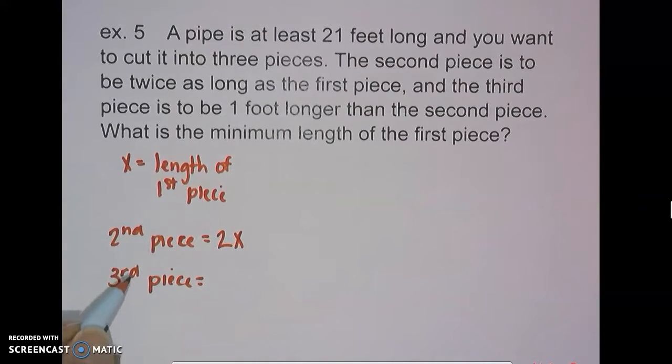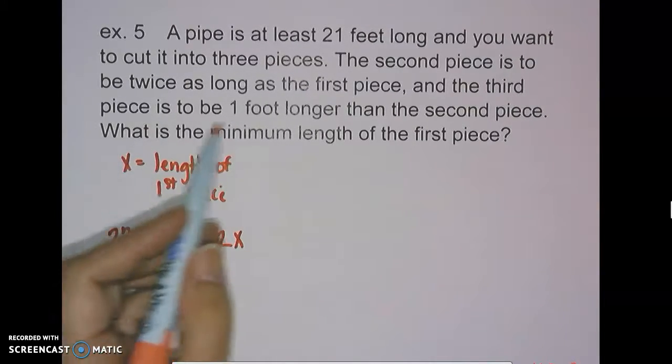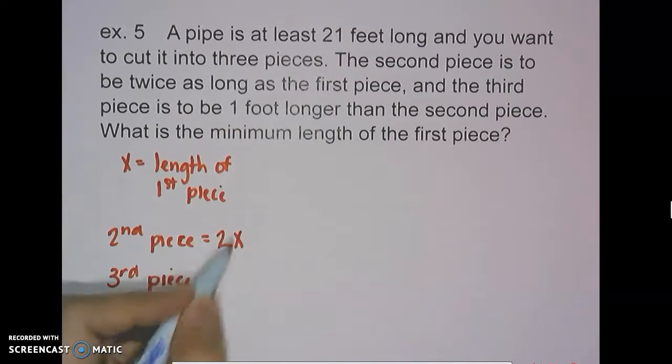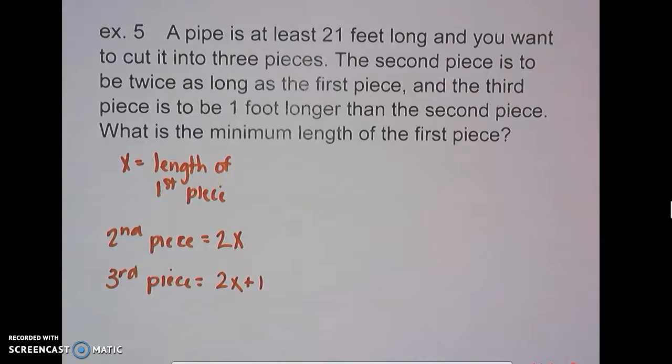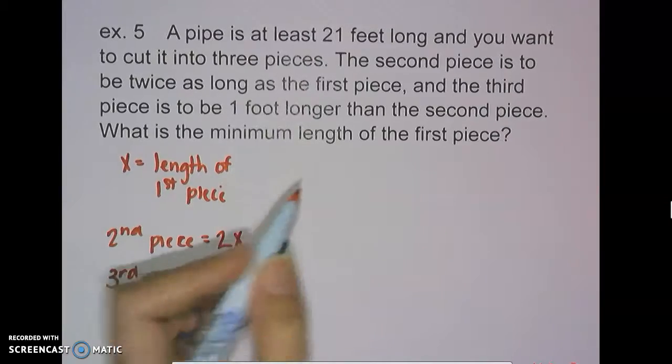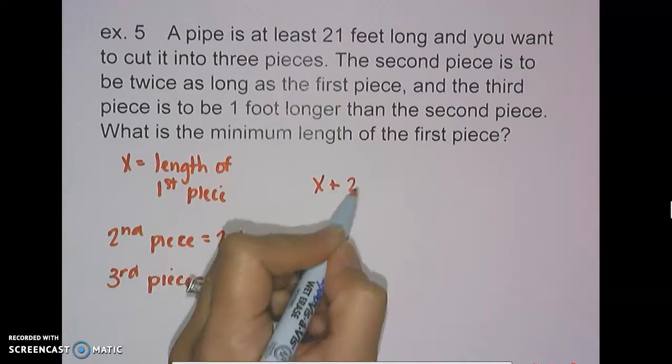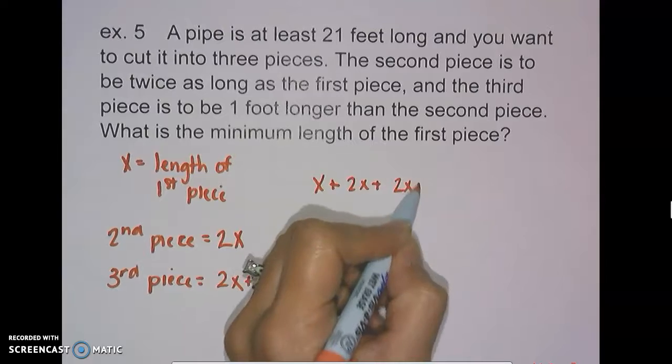For the third piece, it says the third piece is to be 1 foot longer than the second piece. So we need to take the second piece, which was 2x, and add 1 to it, because it needs to be 1 foot longer. Okay? These 3 pieces we're going to have to add together. So we would have x plus 2x plus 2x plus 1.